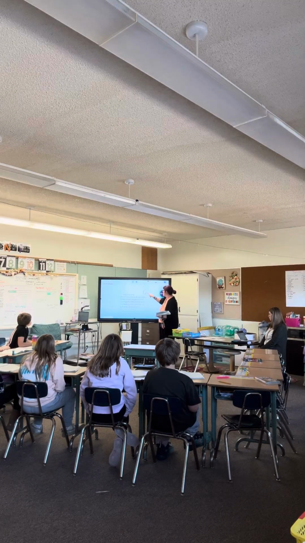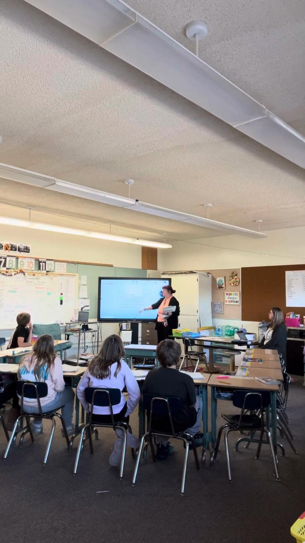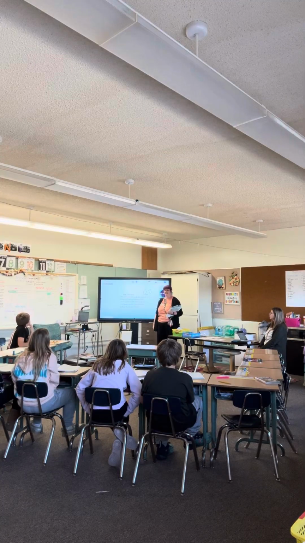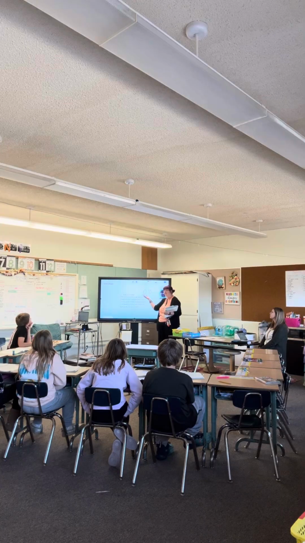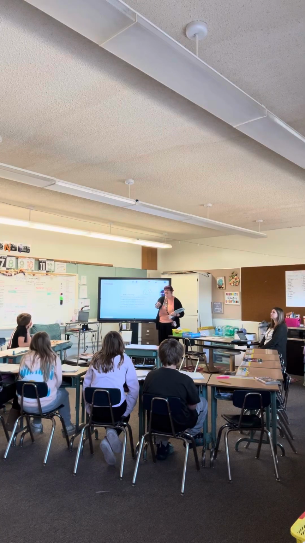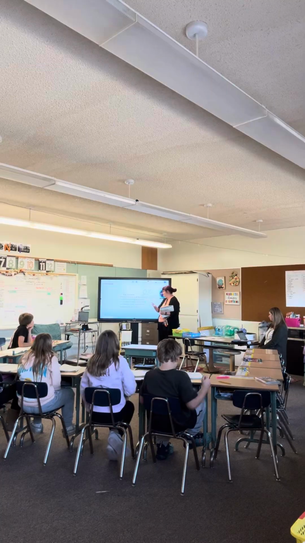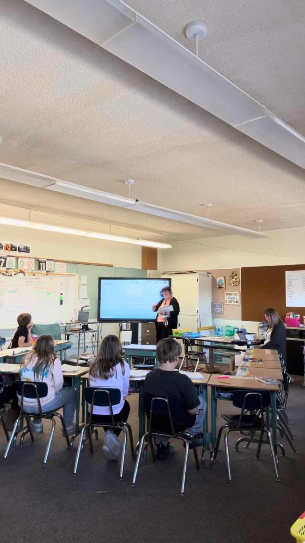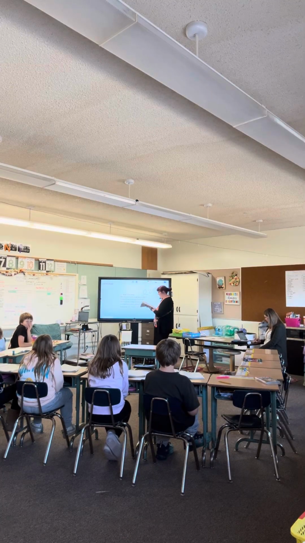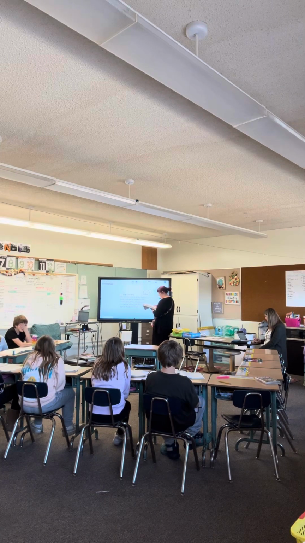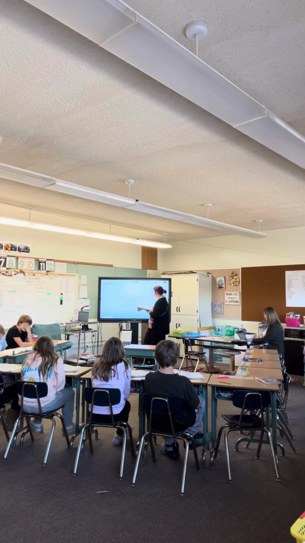So if I have 0.8, what is my 0? It's called a placeholder. My 0 is a placeholder. Lock it in your brain. Even though we said it over and over again, it's okay. We're getting there.